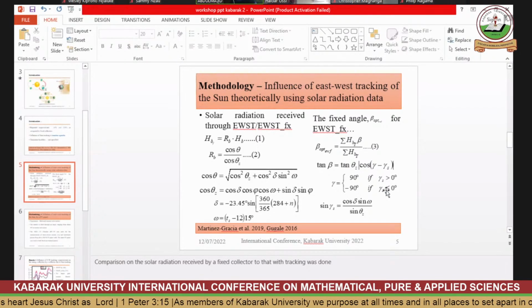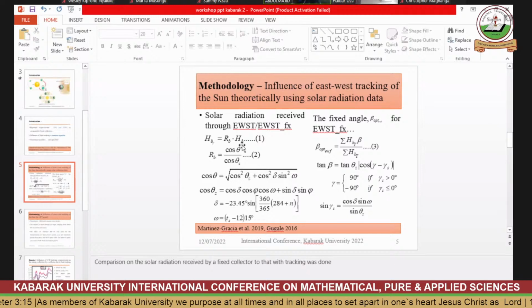But in the case of methodology here, I will just try to show how we are going to have these solar beam radiation data on the tilted surface based on the radiation for horizontal surface. Maybe okay. I will try to make it look very clear.